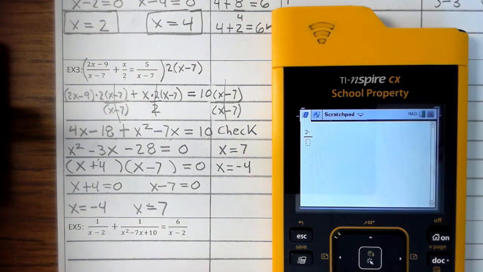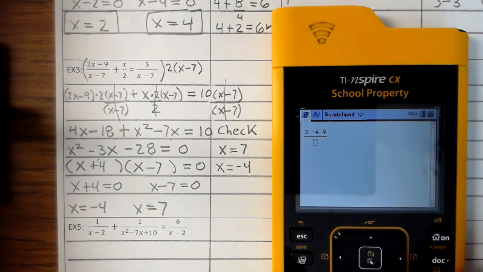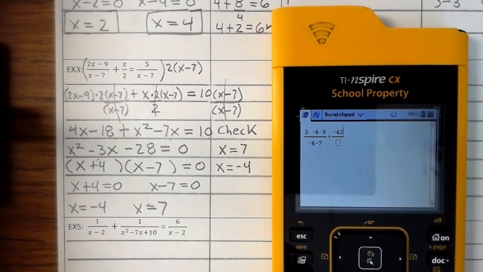So 2 times negative 4 minus 9 divided by negative 4 minus 7. That's the right. Plus control divide. Negative 4 divided by 2 is negative 5 divided by 11.